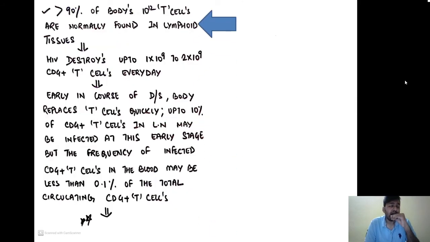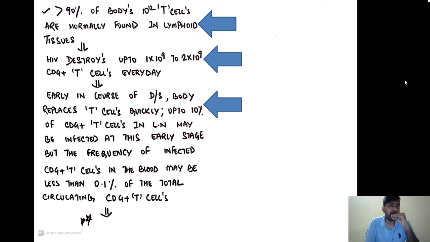More than 90% of the body's 10 to the power of 12 T cells are normally found in the lymphoid tissue, and HIV is destroying up to 1 into 10 to the power of 9 to 2 into 10 to the power of 9 CD4 plus T cells every day. So early in the course of disease, the body is able to replace the T cells very quickly.